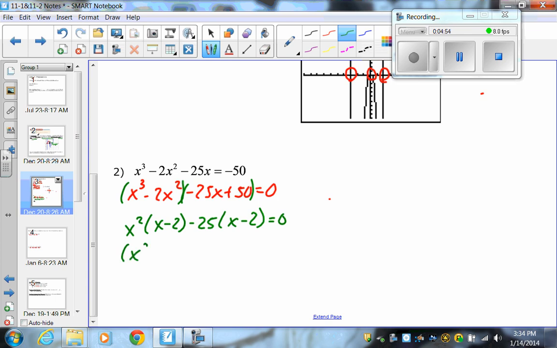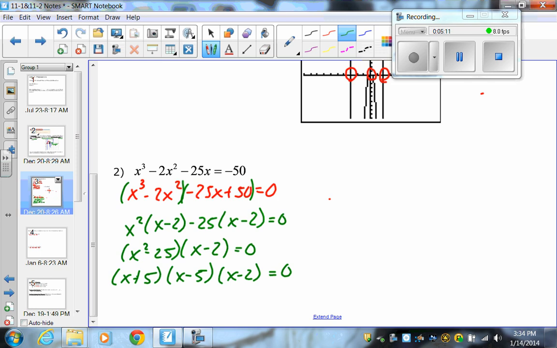So this factors to x squared minus 25 times x minus 2. X squared minus 25 is the difference of squares, so that's x plus 5 times x minus 5 times x minus 2. And this can't be factored any further.